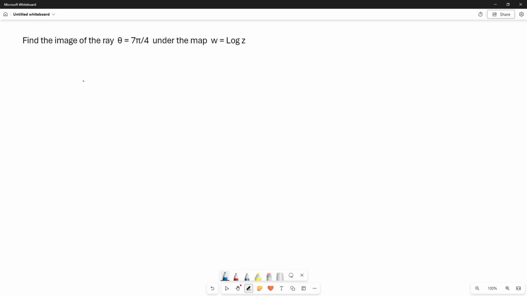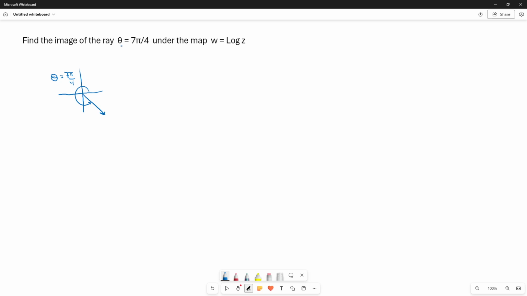So let's look at this ray here, theta being a polar angle, 7 pi over 4. 8 pi over 4 would be 2 pi, which would be a full revolution, so we want to be pi over 4 short of that. So it's here. This is the angle theta equals 7 pi over 4.